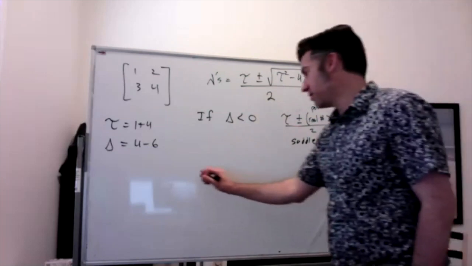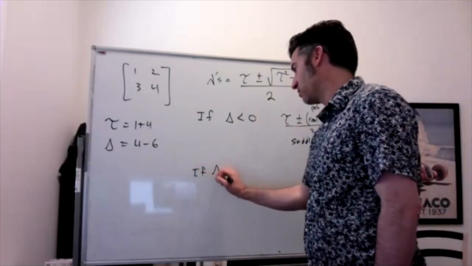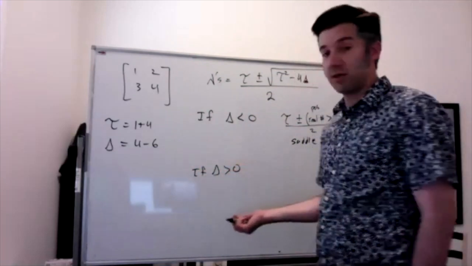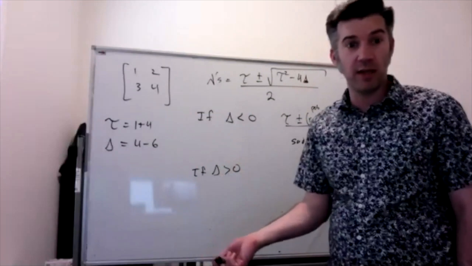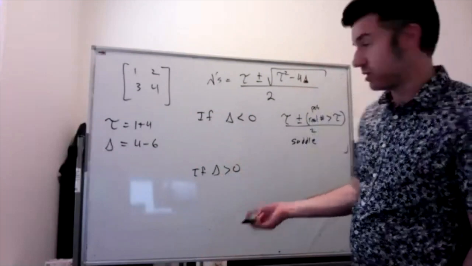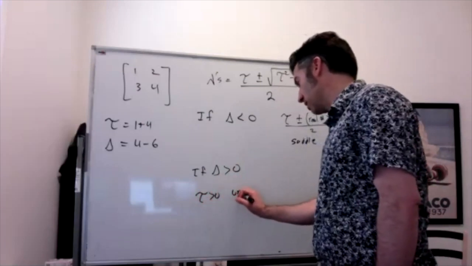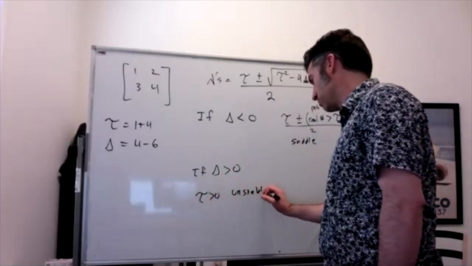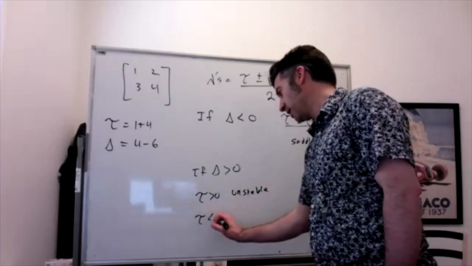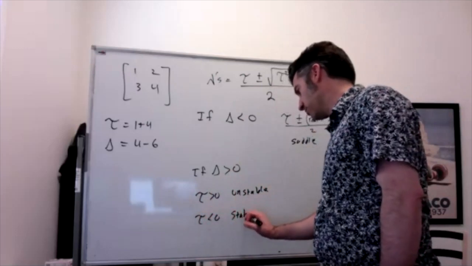On the other hand, if your determinant is positive, then there's a lot more work to do. Then it depends on what tau is. If tau is positive, it's unstable. If tau is negative, it's stable.